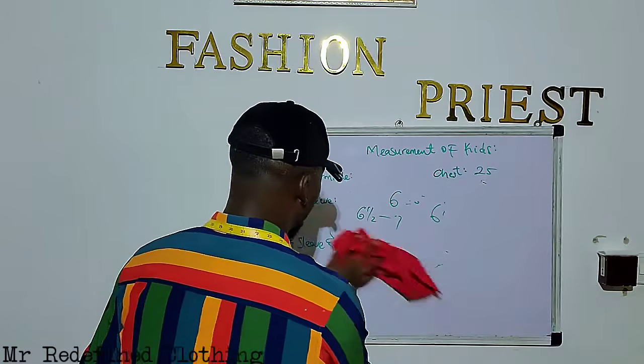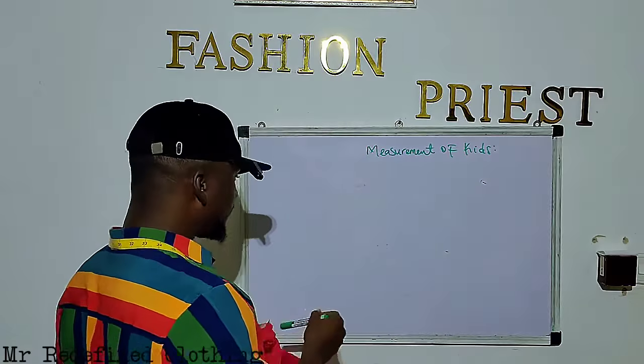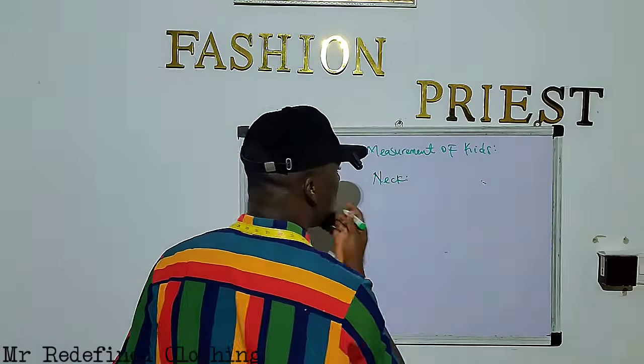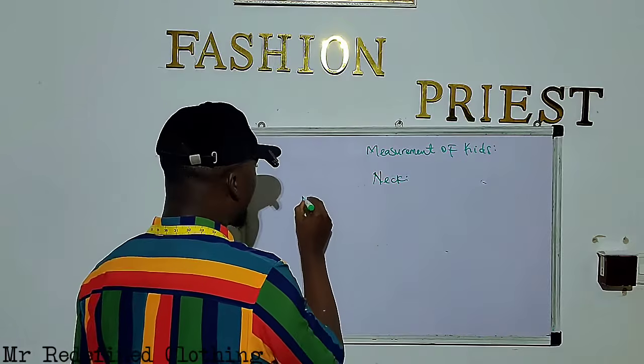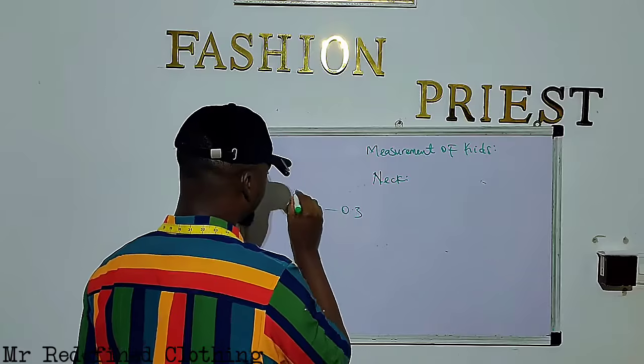So that's for that. Now, for their neckline. Their neckline still follows the same process of n over 6 minus 0.3.